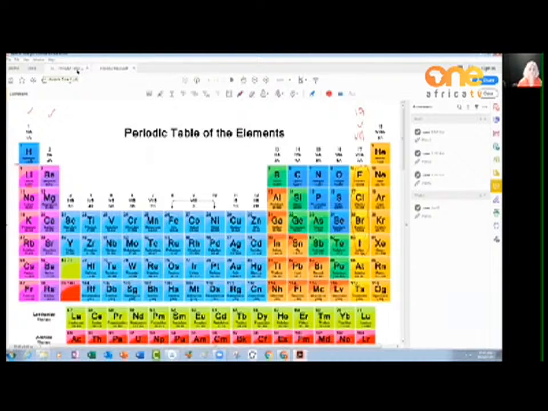And let us look at some properties of them. We would expect them to have very similar properties, since they are all part of the same group. Remember, elements that we find in the same group have very, very similar properties.